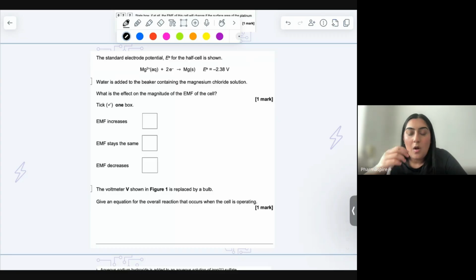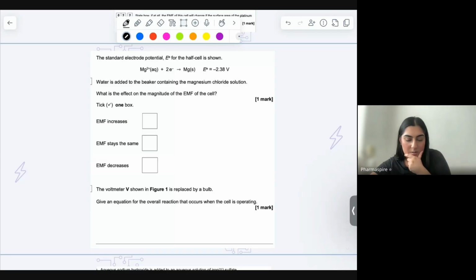So obviously they want to say the voltmeter is replaced by a bulb, give an overall reaction that occurs when the cell is operating. Well, magnesium is the one that we've just been told is oxidized, haven't we? It's negative, it's being oxidized, isn't it? They're on about fuel cells still, right?